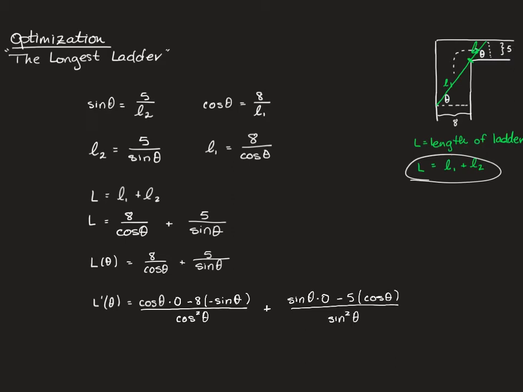Now I'm going to find a common denominator, and that will necessarily be sine squared cosine squared as a product.